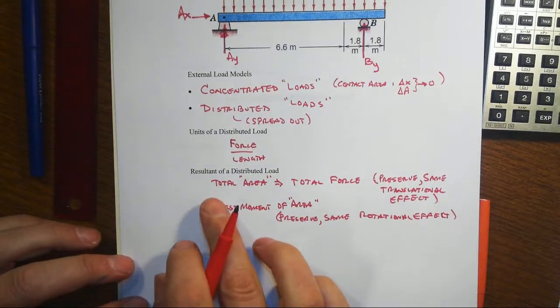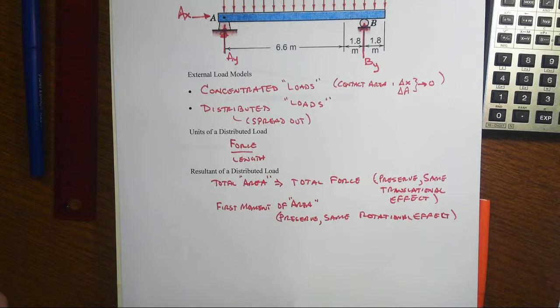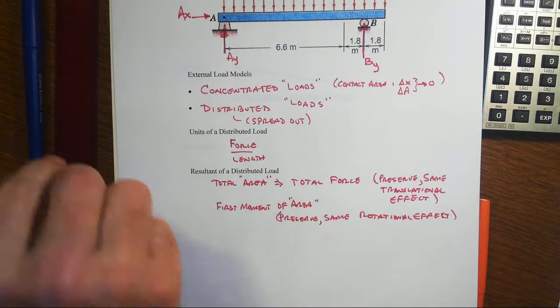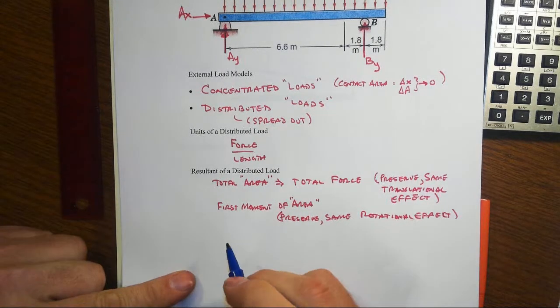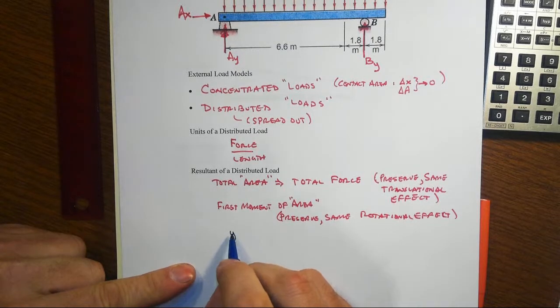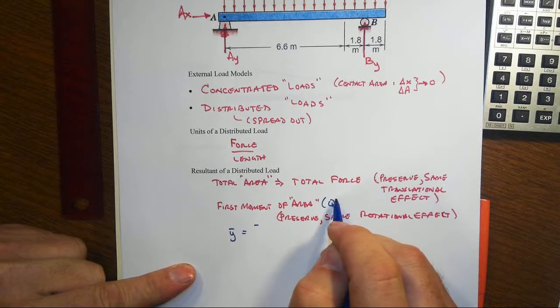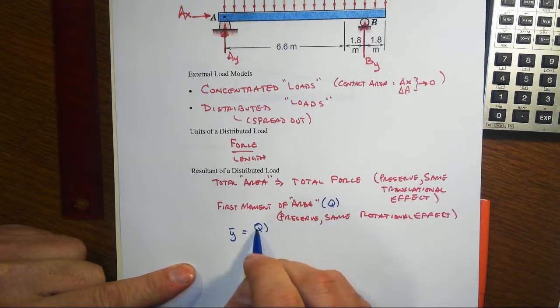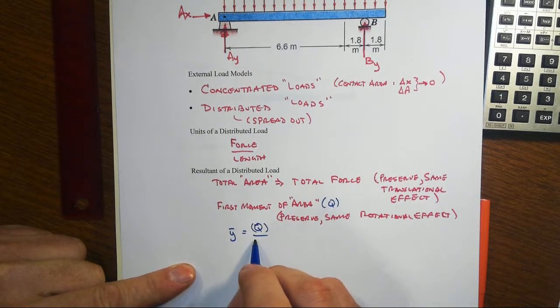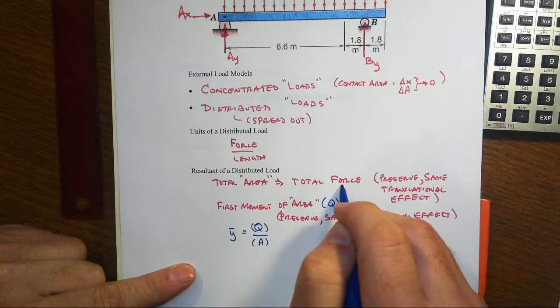Right? And this whole notion of the total area gives us the total force. We're going to have the same first moment of area. Remember, that's how we find centroids of area: the centroid of an area is equal to the first moment of the area, which we give the symbol Q, divided by the total area.